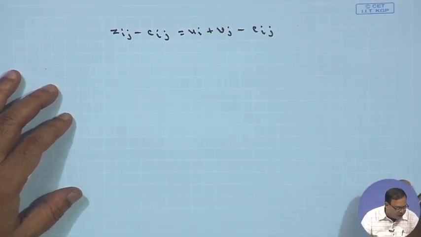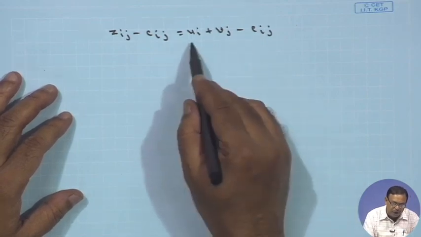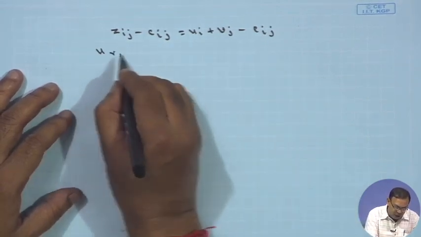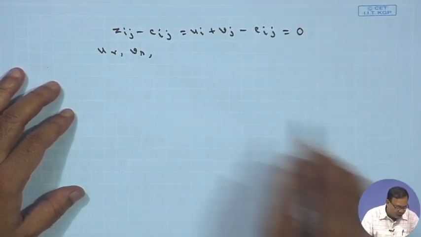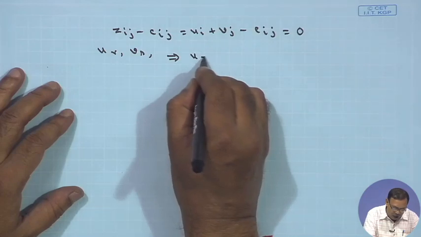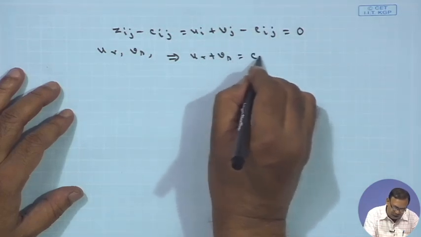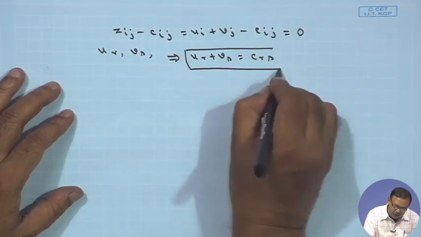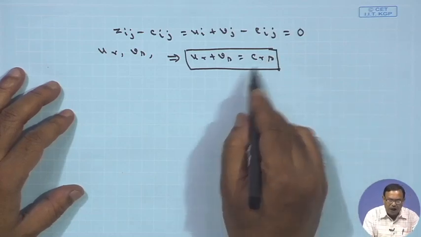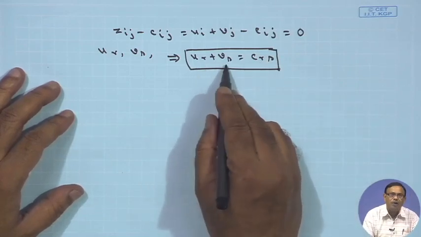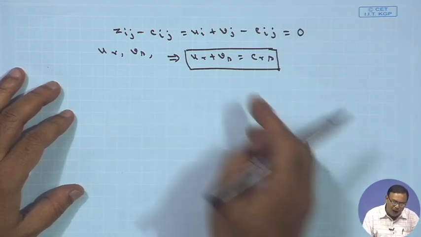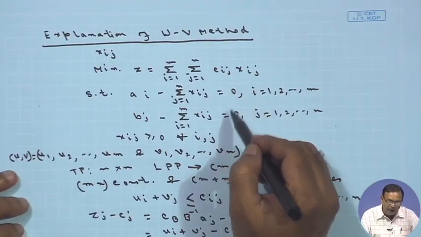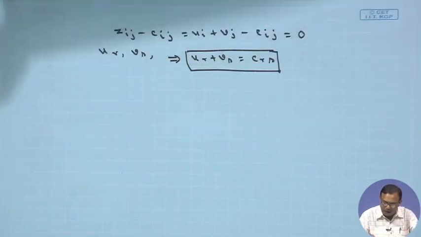And we know that for basic variables, if for a particular case u_r and v_s are basic, then this value should be 0, which implies u_r plus v_s equals c_rs. So, basically we will use this concept, c_rs equals u_r plus v_s, where u_r and v_s are the dual variables corresponding to these two constraints.